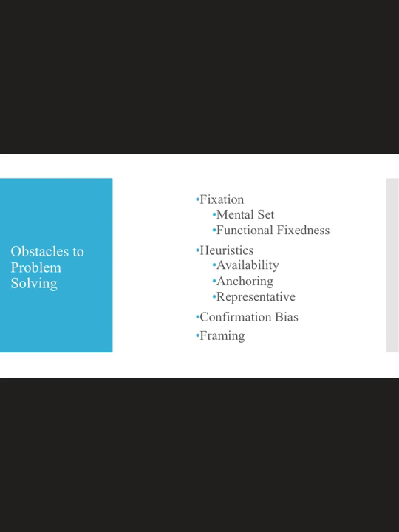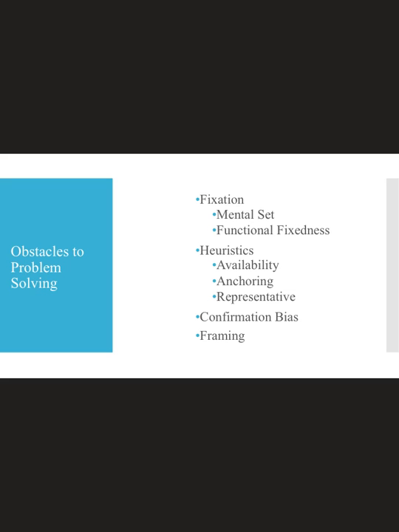Okay, team, so today we are going to be looking at obstacles to problem solving. So yesterday in class we did those FRQ stations, we looked at problem solving, we looked at trial and error, algorithms, heuristics. You got kind of a sense of how our brains think and process and actually engage in problem solving.